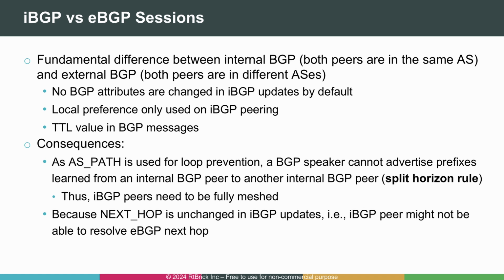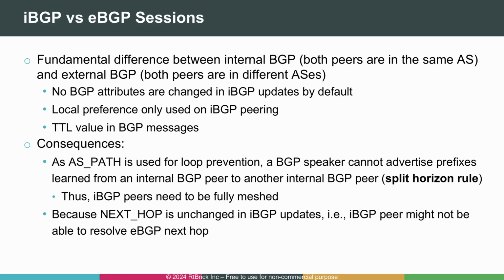fully meshed. Since BGP uses TCP as its transport protocol, IBGP sessions between internal routers are typically built using loopback addresses. The connectivity between loopback addresses is achieved by an IGP routing protocol such as OSPF or ISIS. In contrast to external BGP, where the TTL value is set to 1, the TTL value for internal BGP messages is set to 255 as the peers are not directly connected.